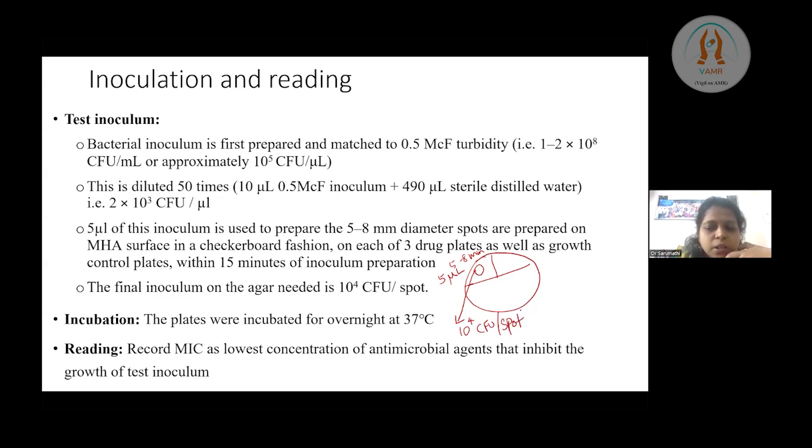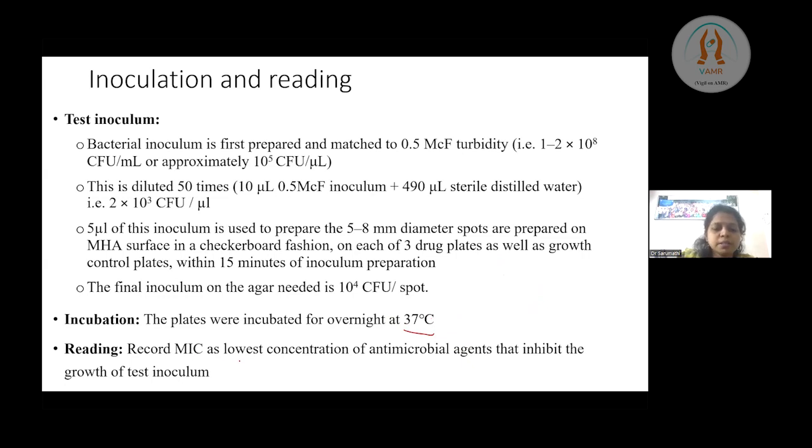You will achieve this concentration. This is the recommended colony forming units per spot for agar dilution. Then you incubate overnight at 37 degrees Celsius. Then reading has to be done.